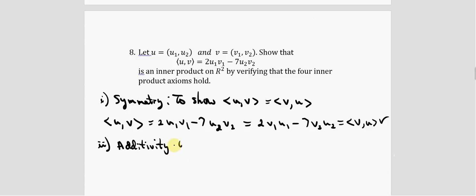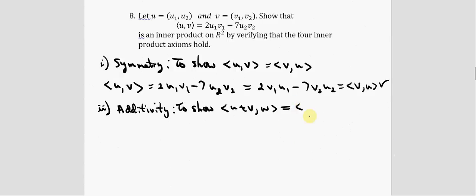So here, to show that the inner product of u plus v with w is equal to, that should be the same thing as the inner product of u and w plus the inner product of v and w.